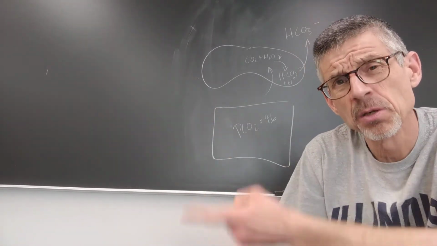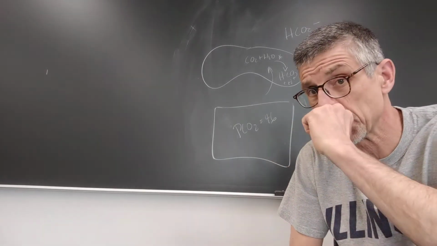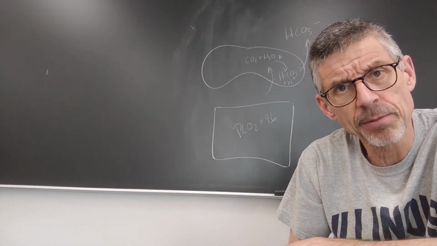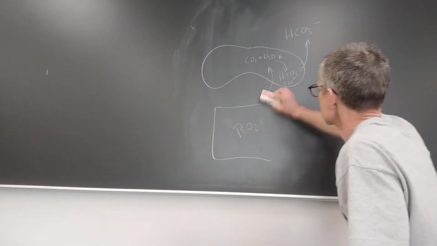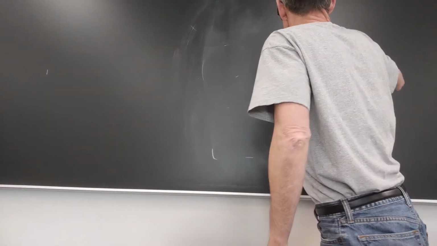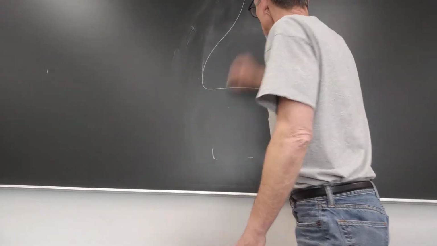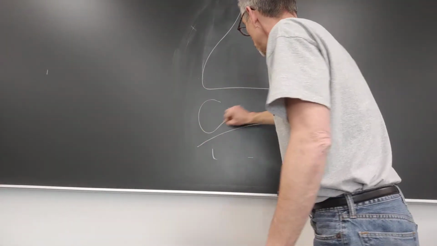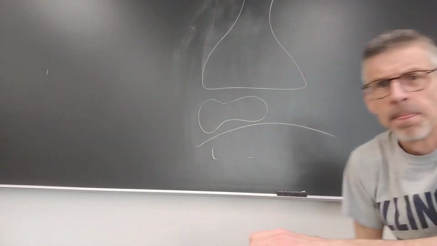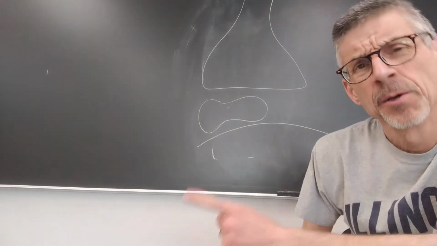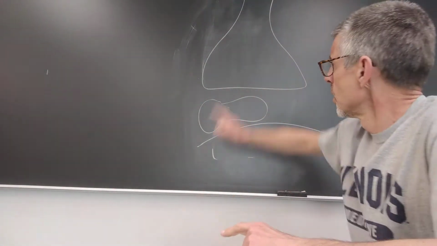Now let's imagine we follow the plasma and this red blood cell as we enter a pulmonary capillary. There's our alveoli, and there's our red blood cell.